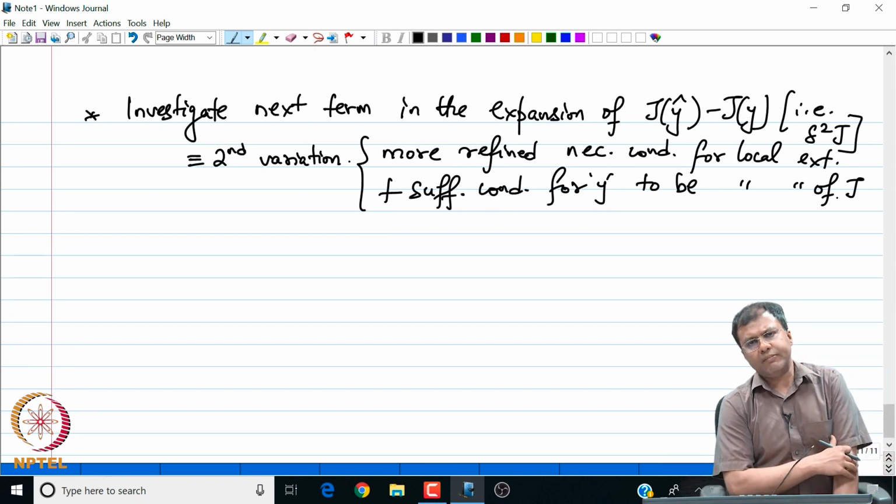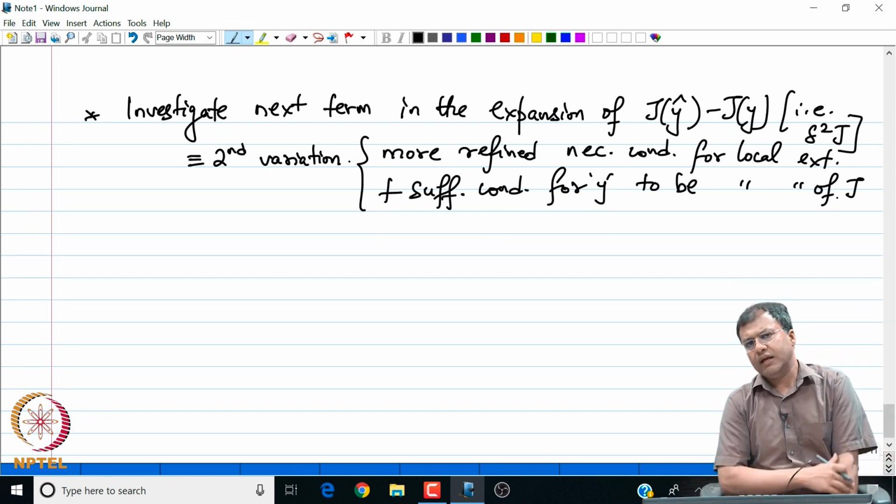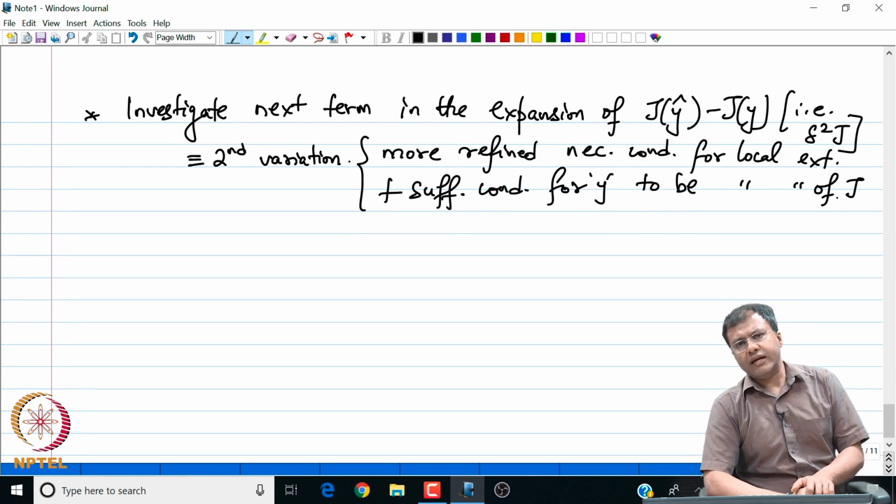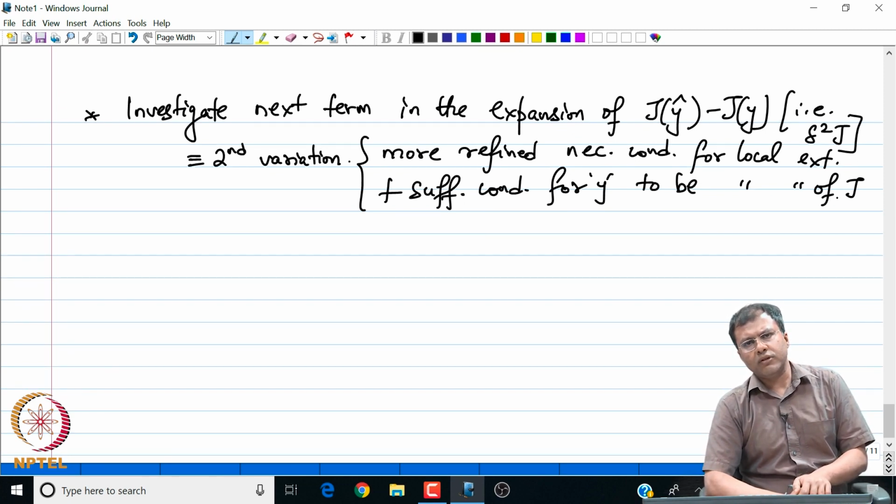So, all these statements that I am making for the functional, I am just writing down the equivalent statement in the finite dimensional calculus, as if multivariate calculus is the guiding topic in investigating the sign of the second variation. So, let us now briefly touch upon the topics in multivariate calculus related to the second derivative test.